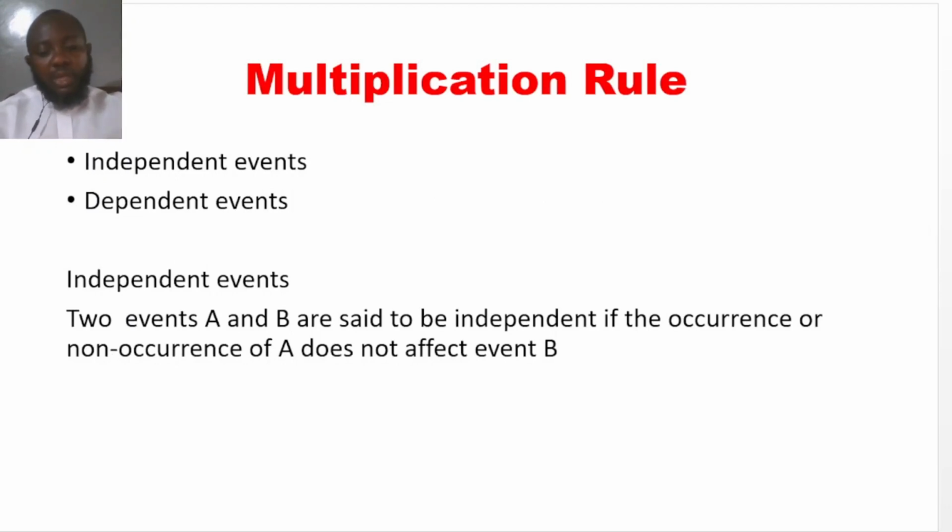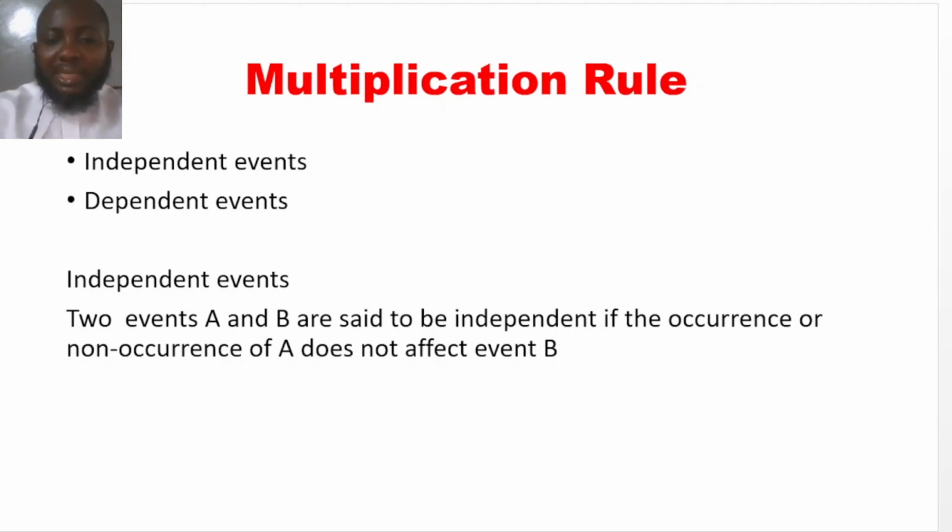So let's go back to this place. Two events are independent if the occurrence of one does not affect the occurrence of the other.